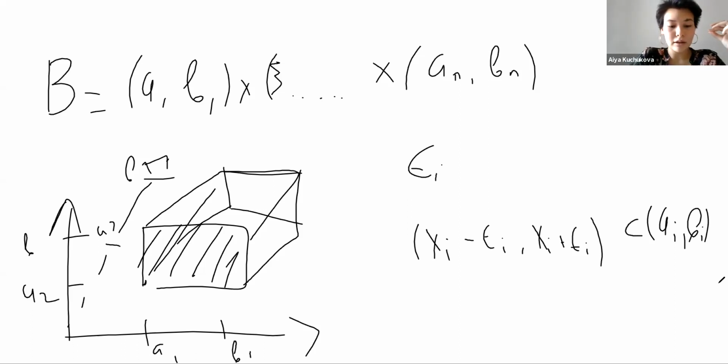Because as I said before, the basis of a topology has to have the following property for any x: there always should be a box in which x lies, right? And so now what we want to do is find a ball which contains x but lies inside of a box, which would mean that basis elements of metric P, which are those balls we defined before, lie inside of basis elements of the product topology, which means that P would be finer than the product topology. Does that make sense?